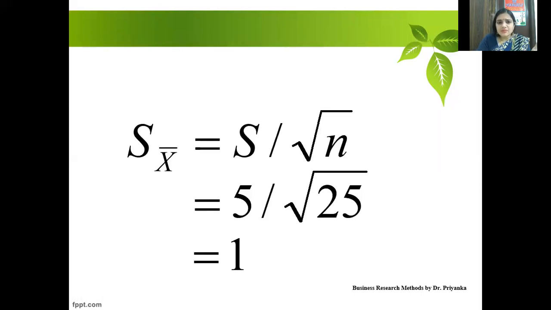And if it comes out to be within the critical region, then that means your null hypothesis would be rejected. That means the actual value which we have got as the alternate hypothesis is true. That means the mean would be assumed as not equal to 20.